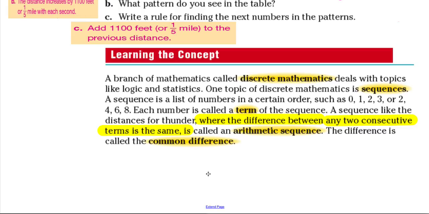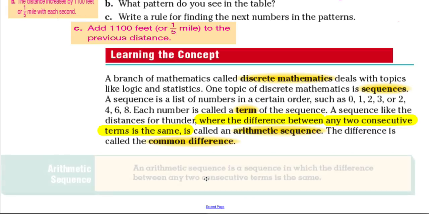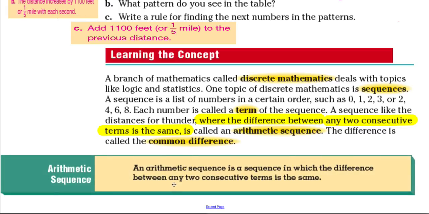So if we were to define it, an arithmetic sequence is a sequence in which the difference between any 2 consecutive terms is the same. And we call that difference the common difference.